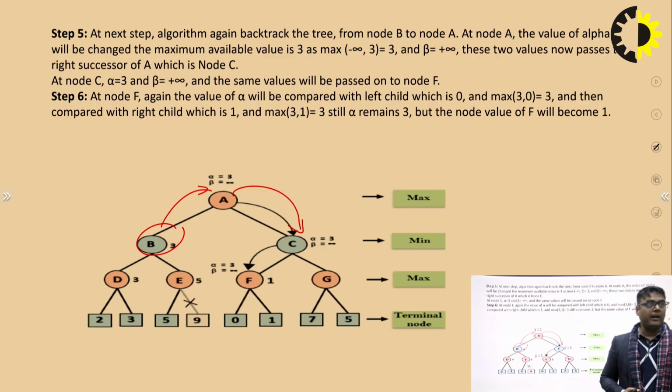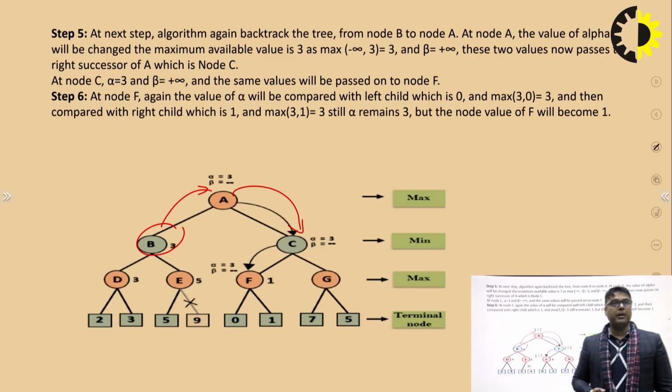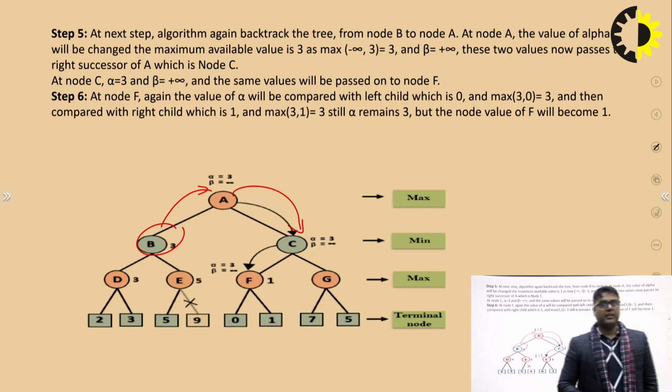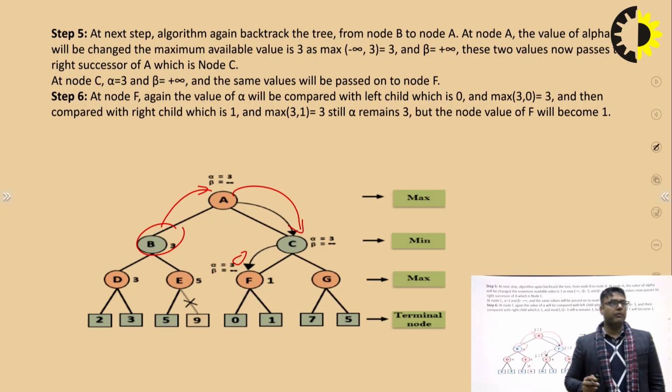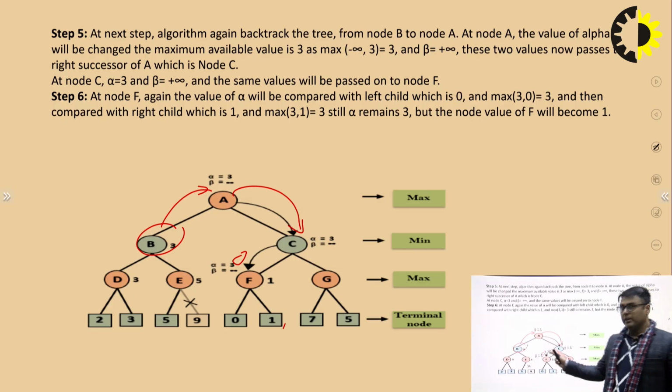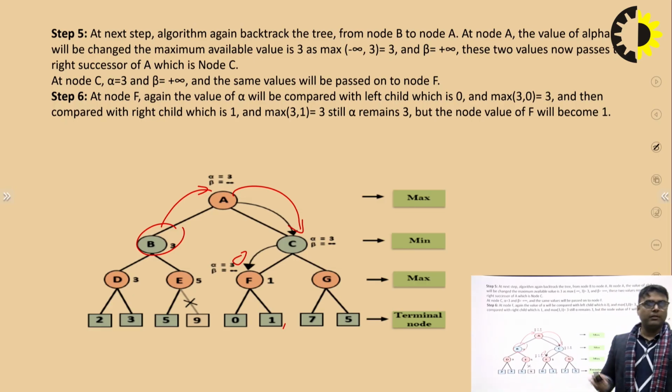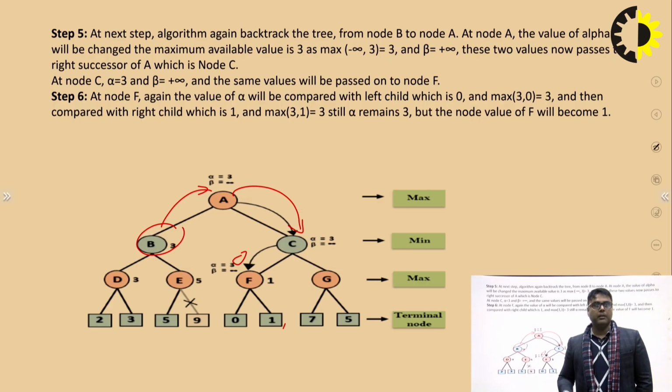At node F, again the value of alpha will be compared with the left child, whose value is 0. 0 and max 3 gives 3. Then compare with the right child, whose value is 1. 1 and 3, alpha still remains 3.